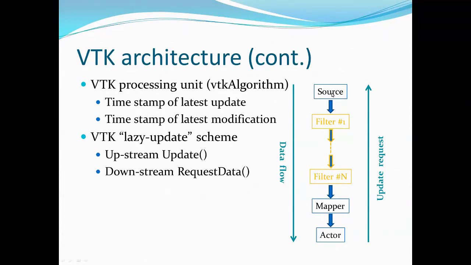That means you don't need to read the data from the file again, because the source has already been updated. So it always checks the two timestamps to determine which one needs to be updated. So it's very efficient. Okay.